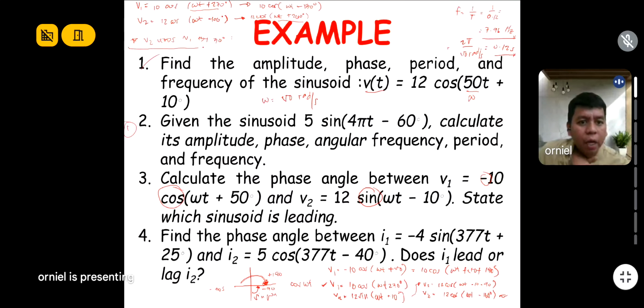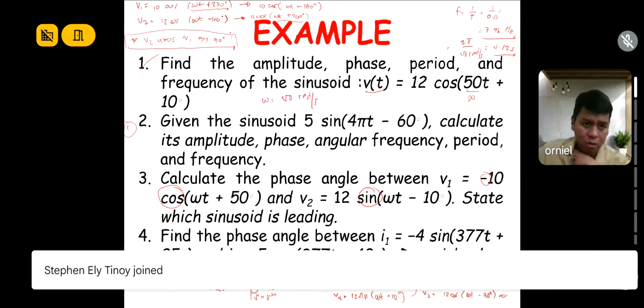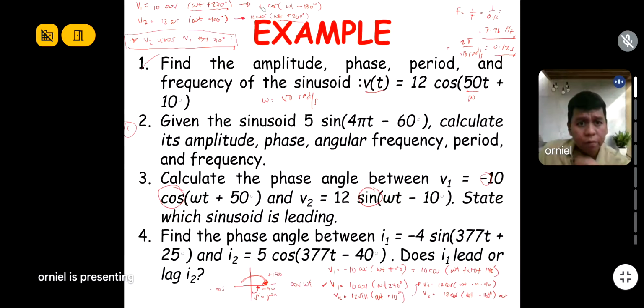To be uniform, let's look at the positive side, and convert the angles to positive to see the difference between the two. So the final answer is V2 leads V1 by 30 degrees. 10 cosine with 230, at the same time 12 cosine with negative 100, equivalent to positive 260, they are the same.